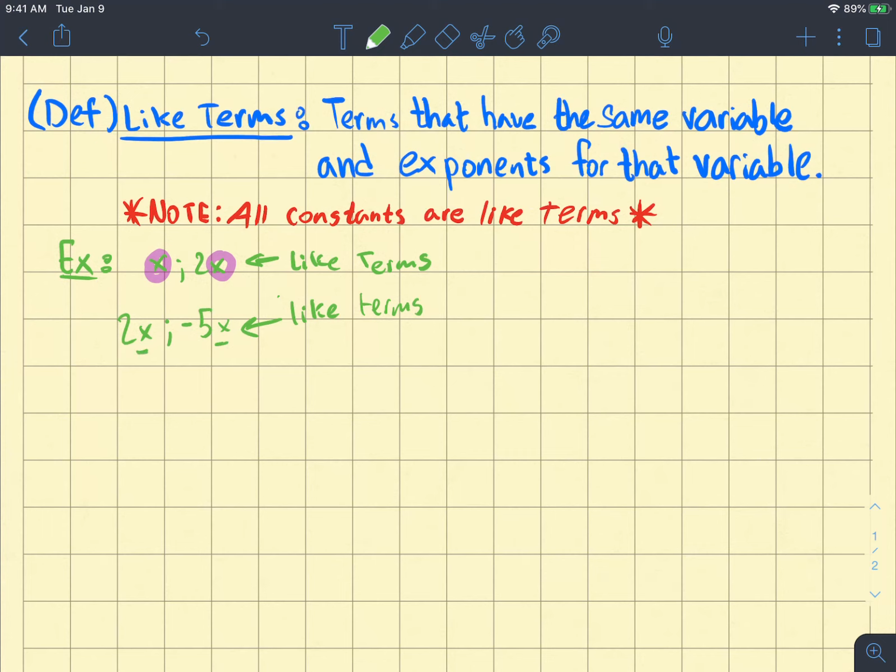And then you might also have something like 4x squared and 6x squared. These are also like terms because their x's are both being squared. Some non-examples, things that are not like terms, would be x and 3. Not like terms.